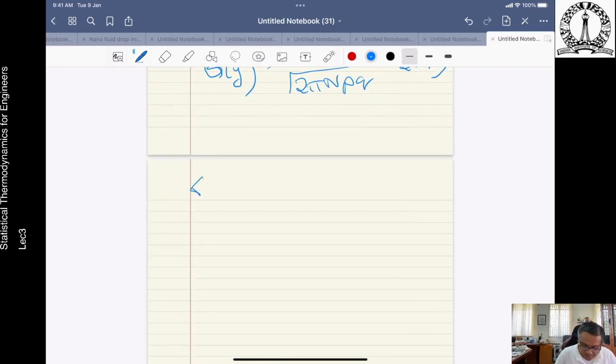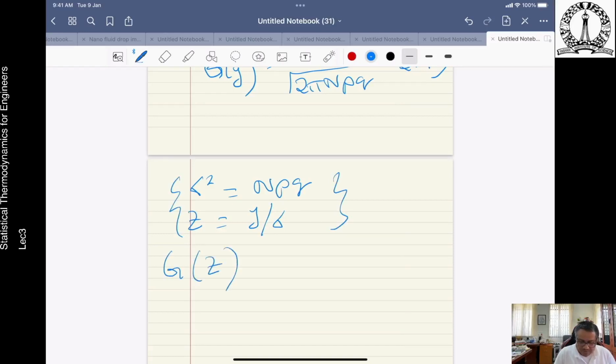And of course we know that sigma squared is equal to npq. Okay, and define z as y over sigma. Employing these two, we obtain a more palatable form of the Gaussian distribution, which is 1 over root 2 pi sigma, exponential minus z squared by 2.